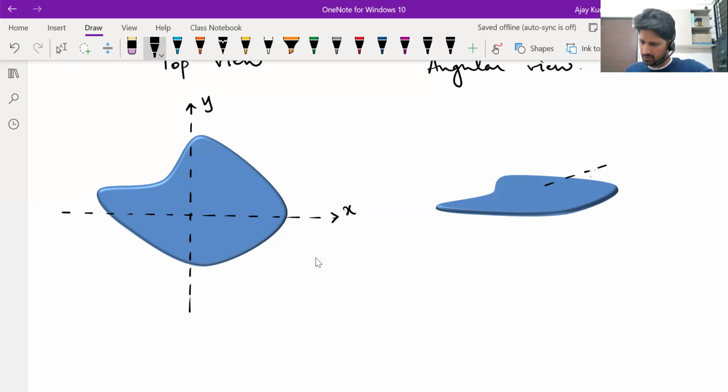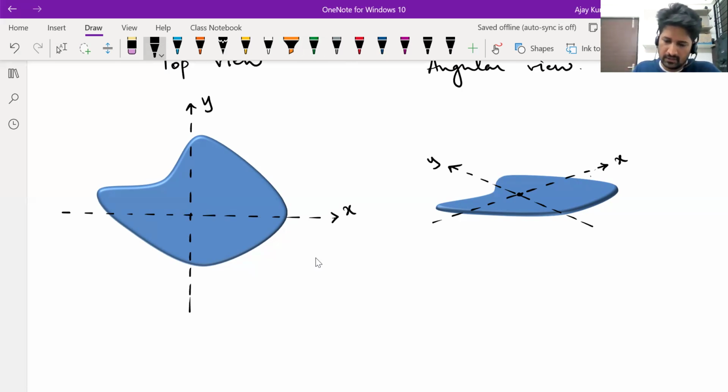The x-axis was somewhat like this, and y-axis was kind of like this, both lying in the same plane as the object. This is x, this is y. Okay, so when you see from above, you can understand that they are mutually perpendicular to each other.